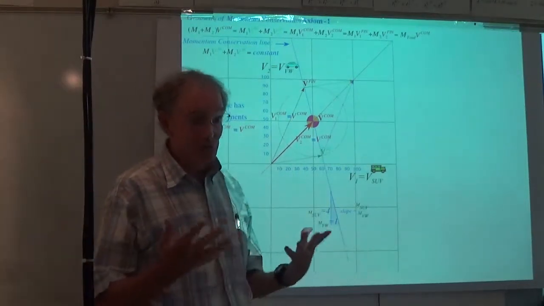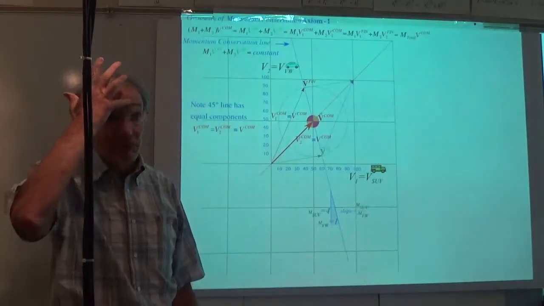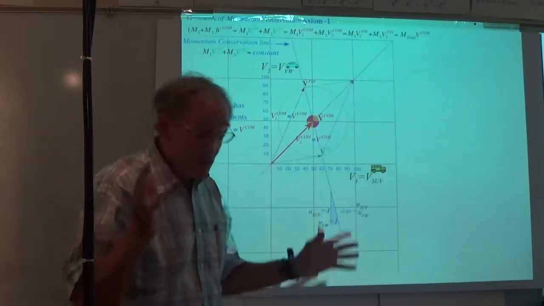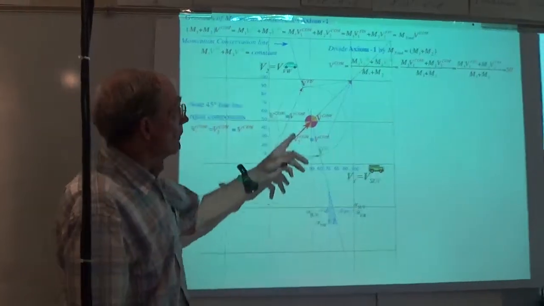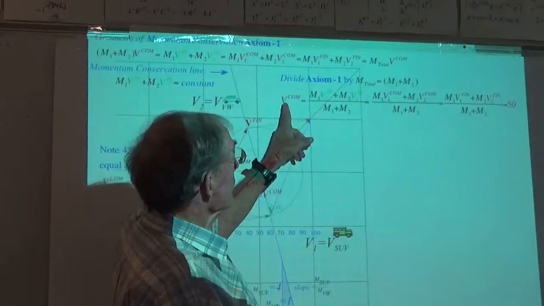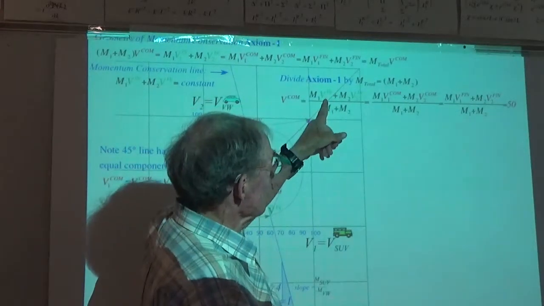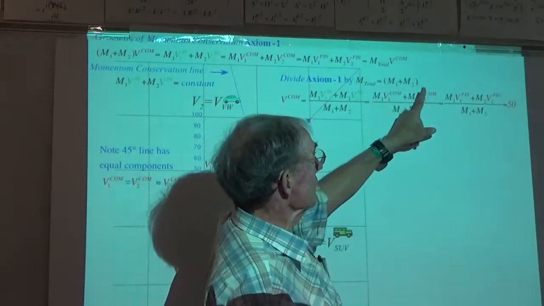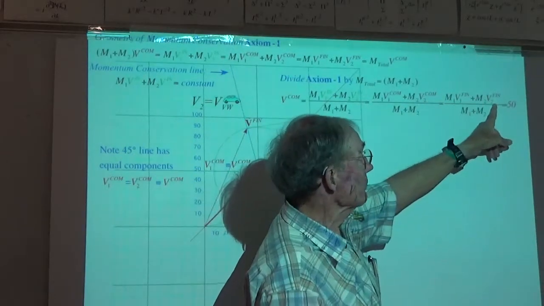Now we're going to do some fancy ways to write axiom 1 to get us going with the mathematics of matrices and tensors that we're going to use so much in all your courses, but particularly this one. Anyway, this is where we start, and that is the VCOM is a weighted average of either the initial velocity 1 and 2, or the crunch velocity 1 and 2, or the elastic final velocity 1 and 2.